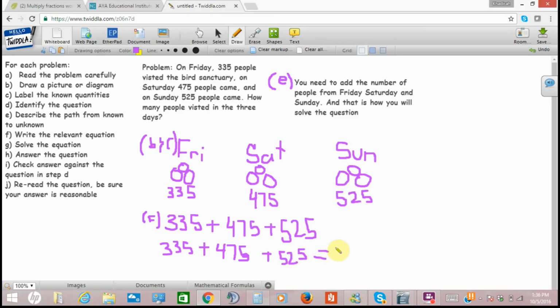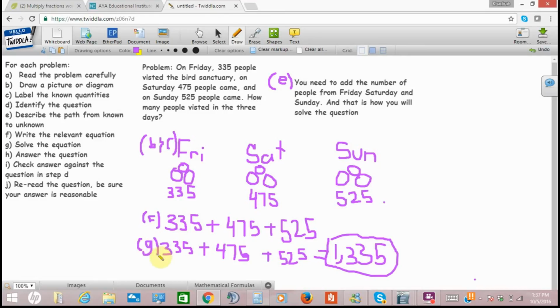This is going to be equal to 1,335. So that's going to be your answer. And this was for step G, so let's just go ahead and label that.